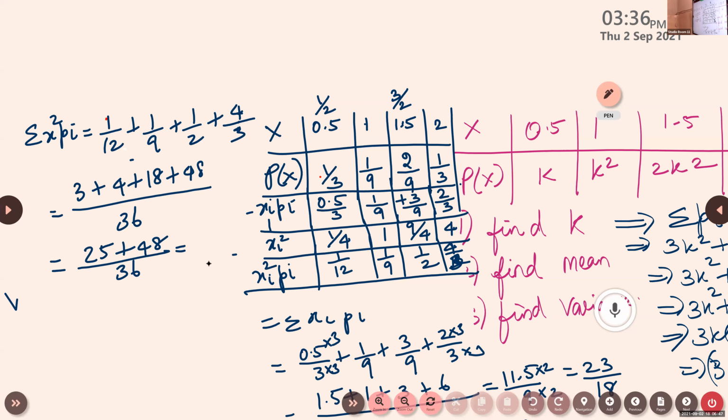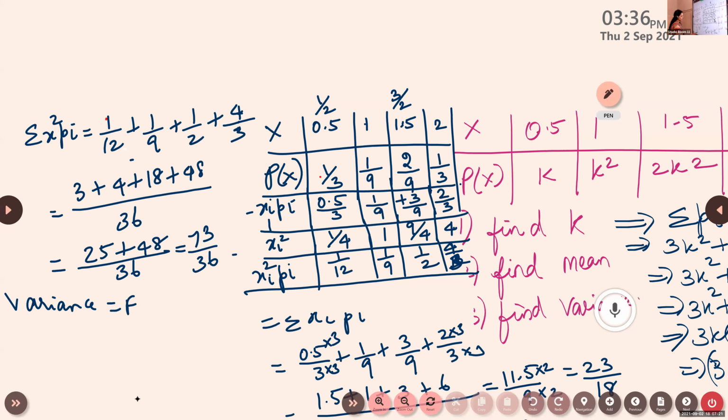Check your answer, okay? Then find out variance. Variance is E of x square minus E of x the whole square. So which is 73 by 36 minus 23 by 18 the whole square. Okay, so we have to simplify this.